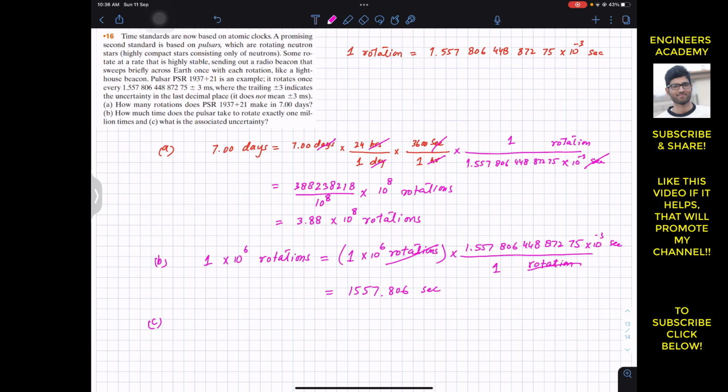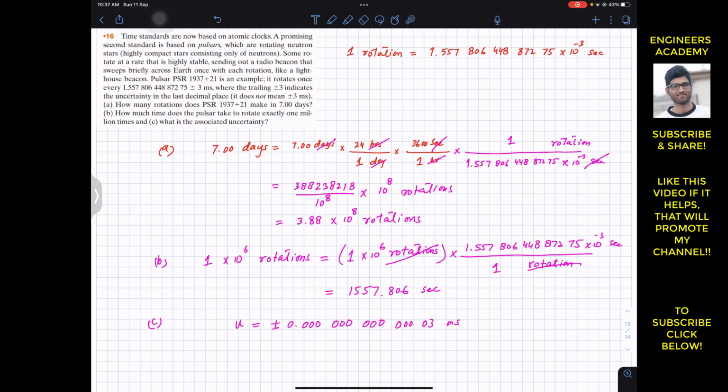So this means that the uncertainty is, let's say, represented by u. So the uncertainty in one rotation is 0.000. We need to write 13 zeros, right? This is 9, 10, 11, 12, 13, and then this. So this is plus minus this much millisecond is the uncertainty.